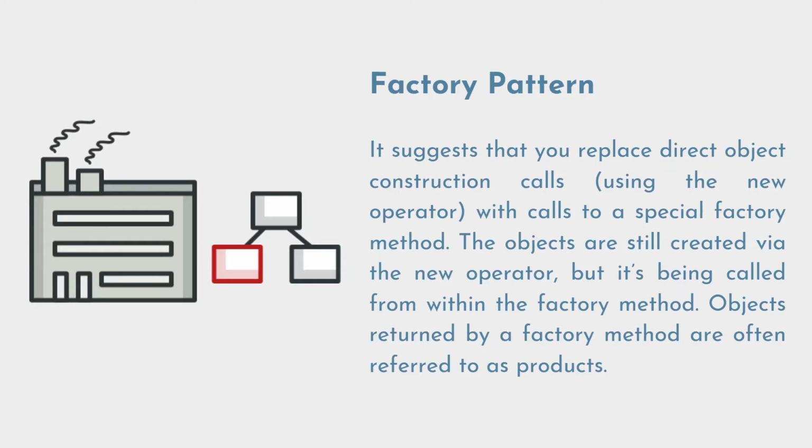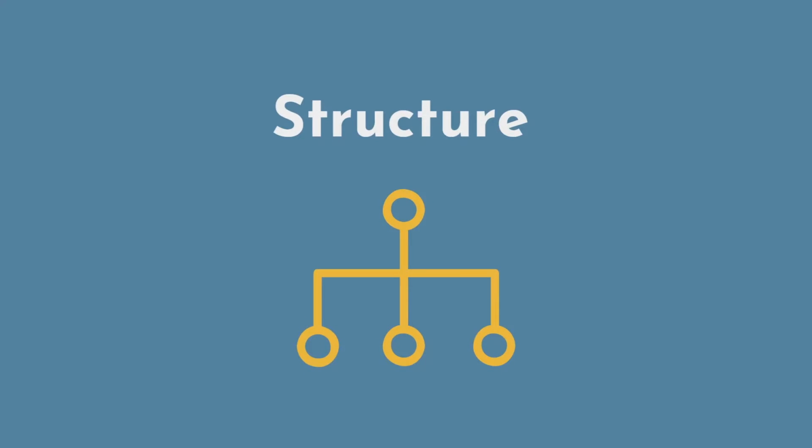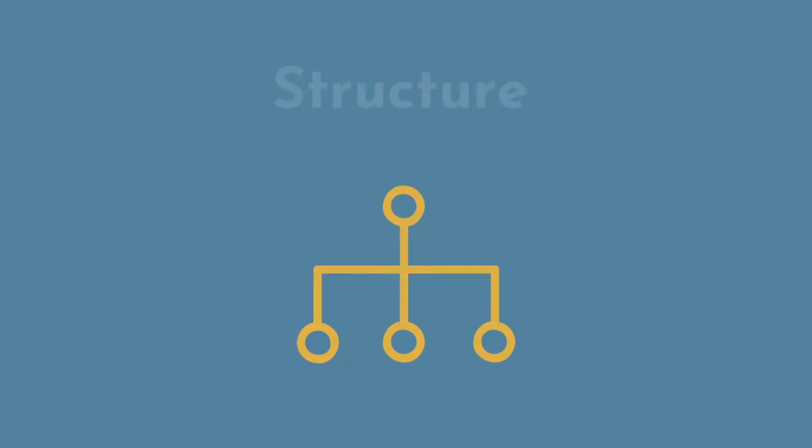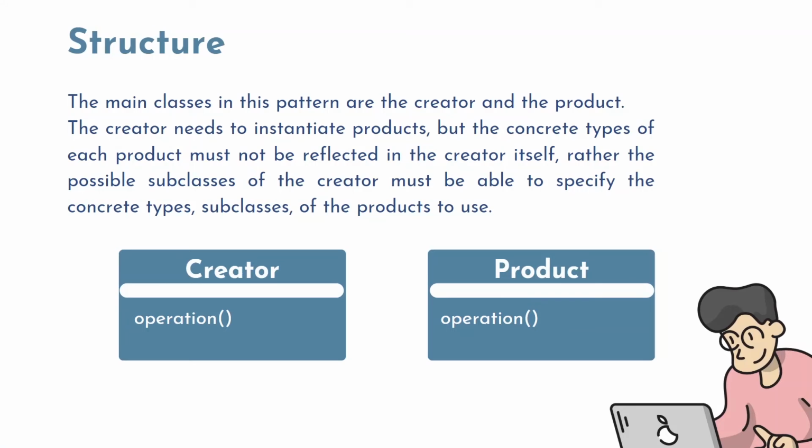The factory method design pattern solves problems like how can an object be created so that subclasses can redefine which class to instantiate, and how can a class defer instantiation to subclasses. This is very important. And we have the structure of this design pattern. We have the main classes, the creator class and the product class, and these have a lot of operations.